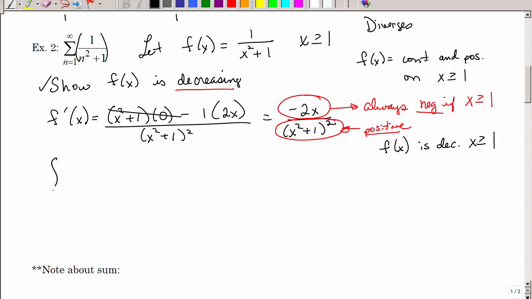So if I have the integral from 1 to infinity of 1 over x squared plus 1 dx, I'm going to rewrite that as the limit as a approaches infinity of my integral. Then I have to remember how to integrate that. And hopefully you're saying, oh yeah, that's arctan.